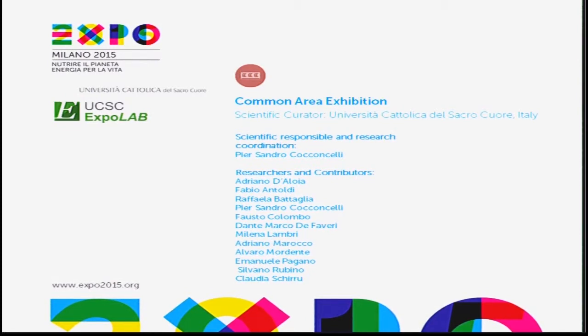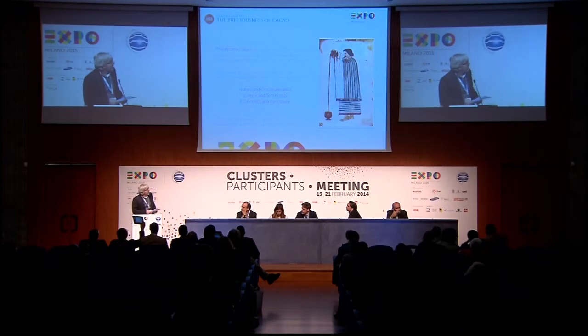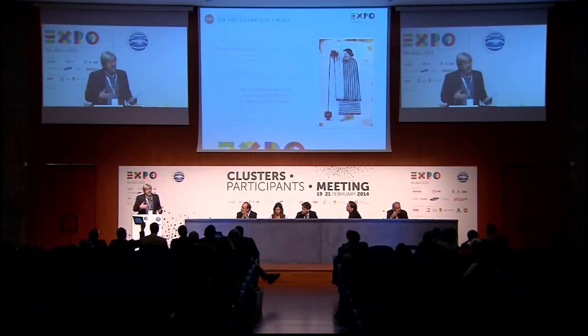So our idea was to analyze this element in relation with this fascinating way of life. The scientific name of the cacao is interesting because it means food of the gods, and probably just in the name we are able to understand the capacity to fascinate.